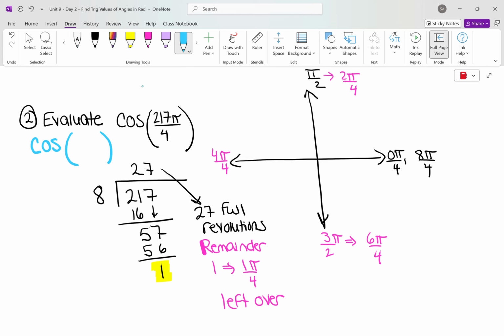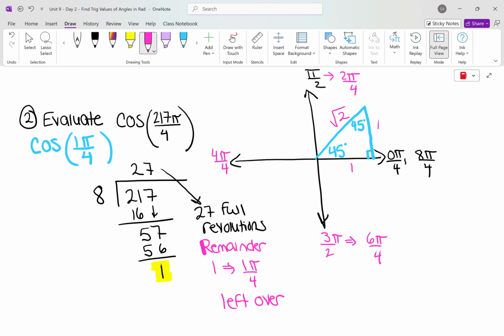Okay, so now I want the cosine of my remainder. What's my remainder? 1 pi over 4. So which quadrant am I in for 1 pi over 4? Once again, the first quadrant. Connor, what's my reference angle? The interior one to the one touching the origin. Yep, and what's that number going to be? 45, because we did 180 divided by 4.